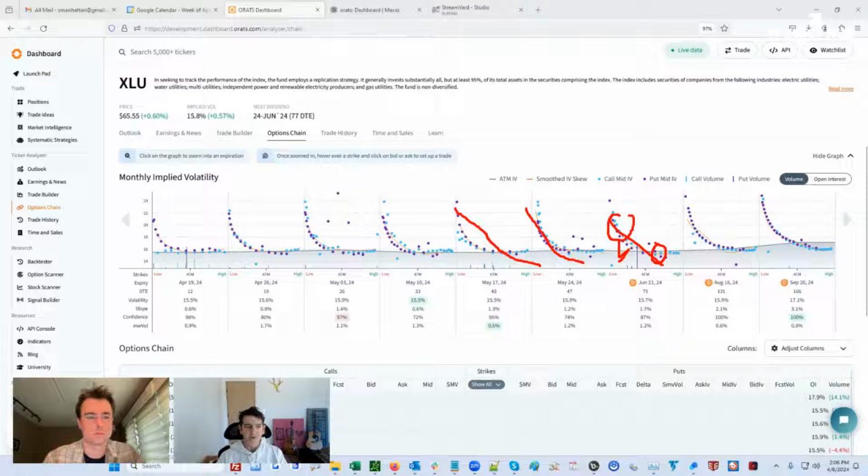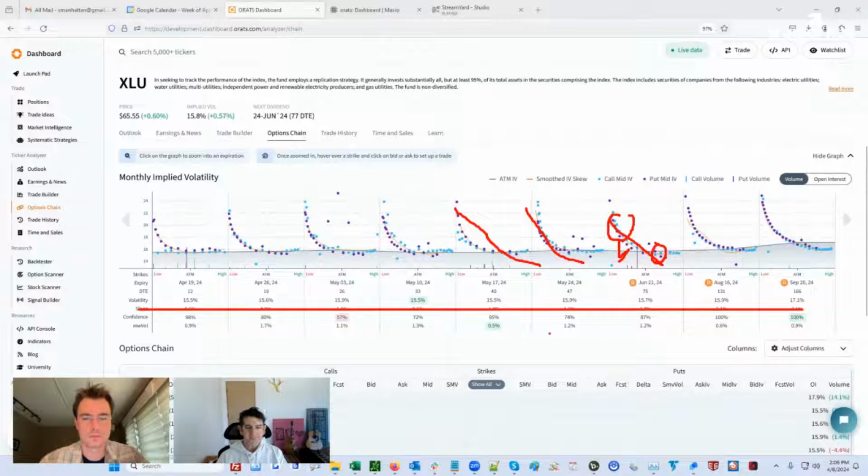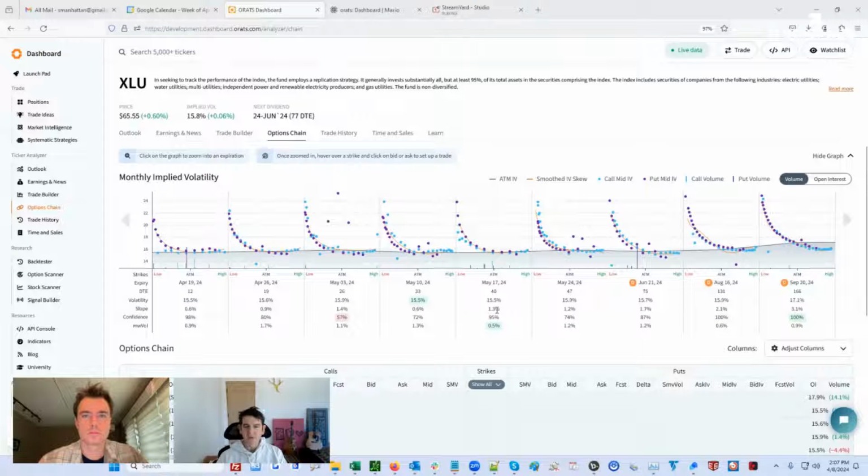We have a measurement of slope for each month. Usually slope for XLU and the bigger ETFs is in the 3 and 4s, and right now it's 1. So that means that the line is flat. The steeper the line, the higher the slope.